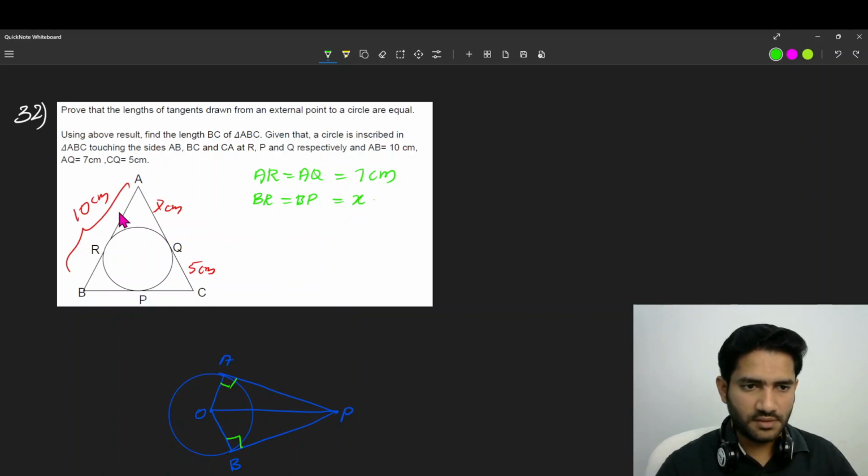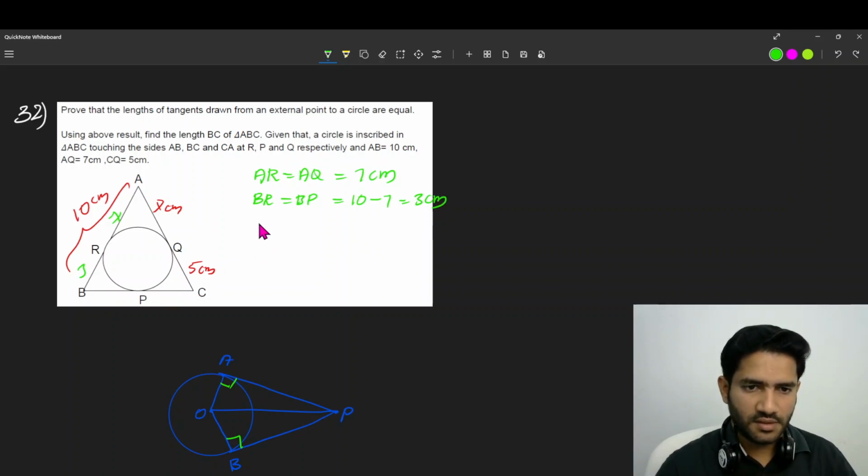This AR is 7, so BR is 10 minus 7, which equals 3 centimeters.